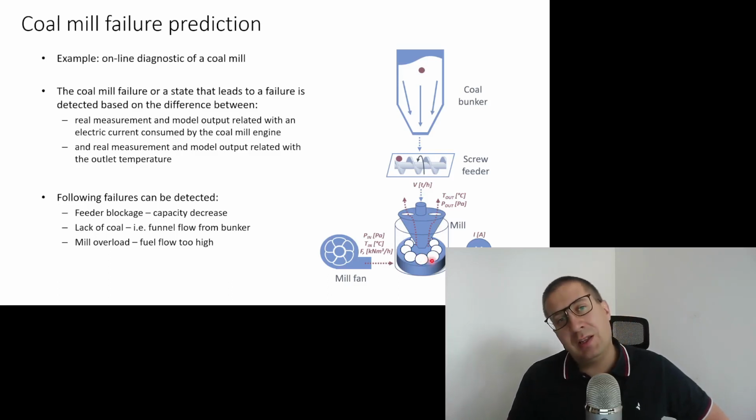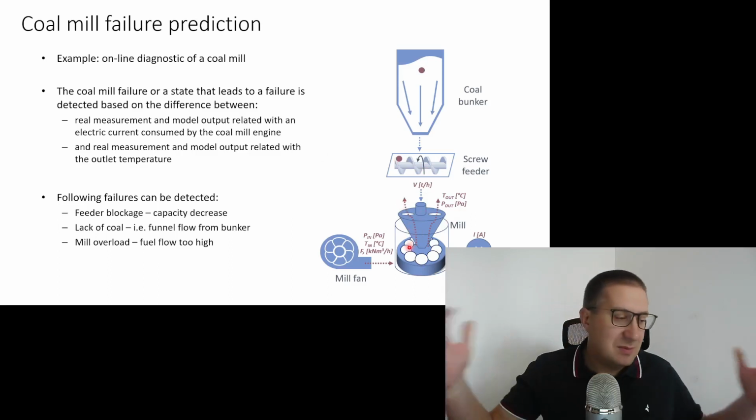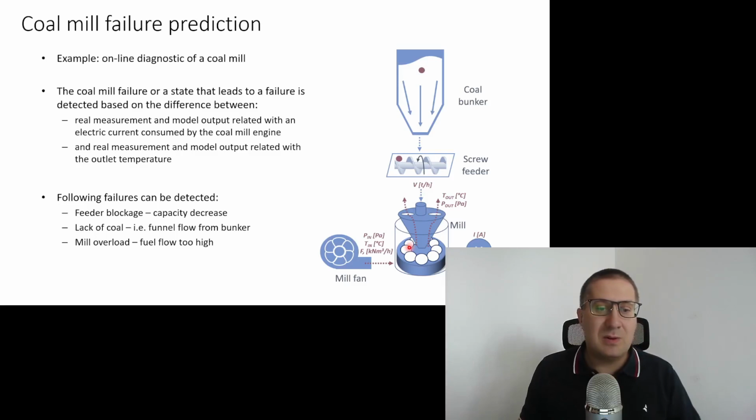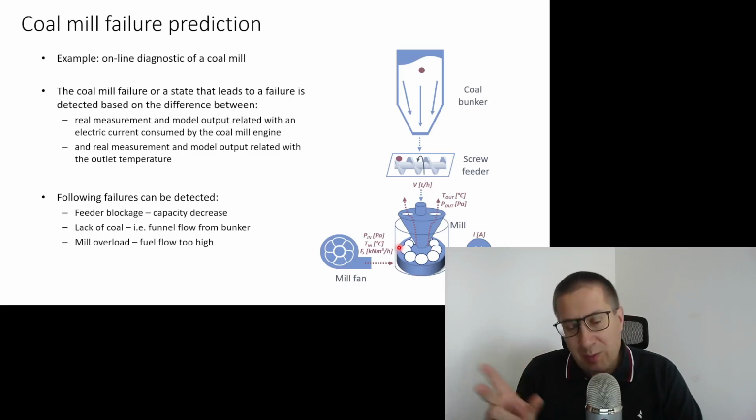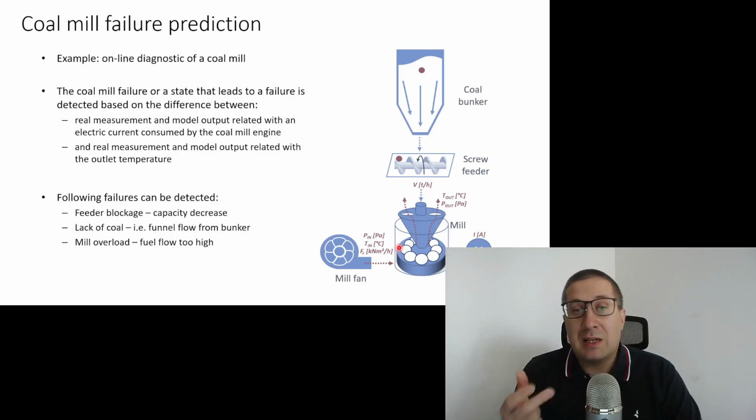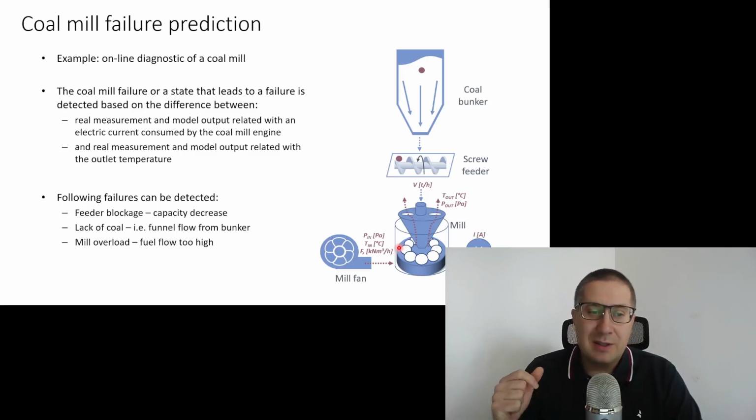And another failure is that there is no coal in the coal mill. The feeder is moving, but the coal is not entering the coal mill. Maybe there is some blockage or lack of coal. Who knows? So we should be able to create an algorithm that detects at least those two failures.